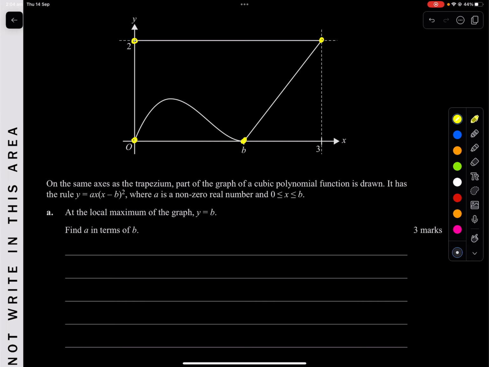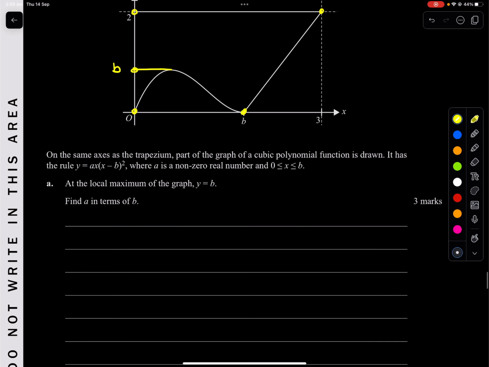It has a rule like this, where a is a non-zero real number. At the local maximum of the graph, y equals b. And they're saying find a in terms of b.